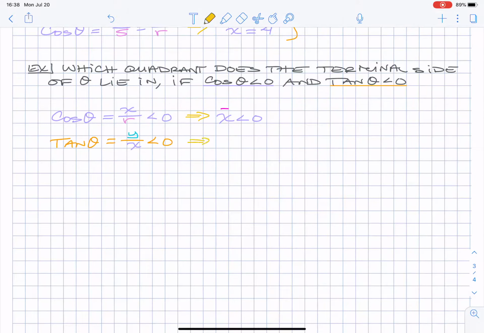Okay, so now let's look at quadrant 3. If I look at cosine of theta, well, both x and y are negative, so cosine is negative, and sine will be negative, corresponding to x and y respectively. And finally, in quadrant 4, cosine of theta has a positive x, but sine of theta has a negative y.